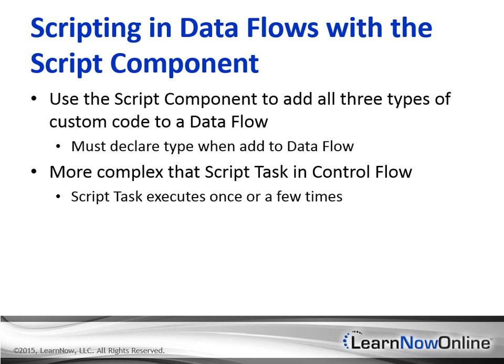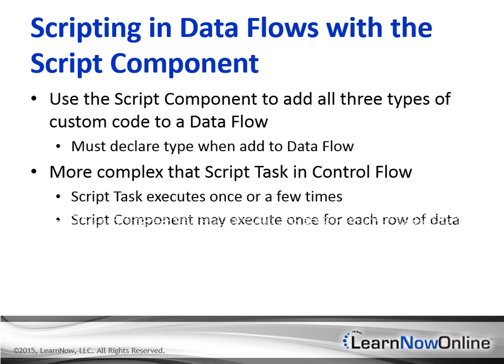The code in the script task generally executes only once when control passes to it, but may execute multiple times if it's within a loop container. Either way, it's likely to be a very small number of executions. The code in the script component, on the other hand, generally executes once for each row that passes through the data flow. As you can imagine, this makes the details of data flow code quite different from the script task.